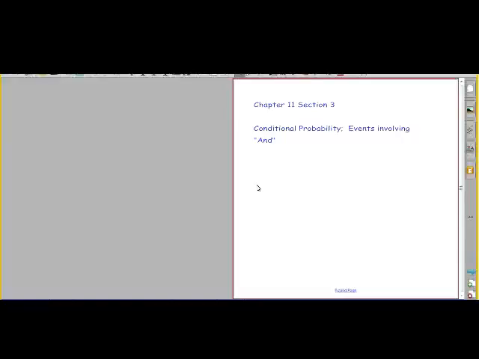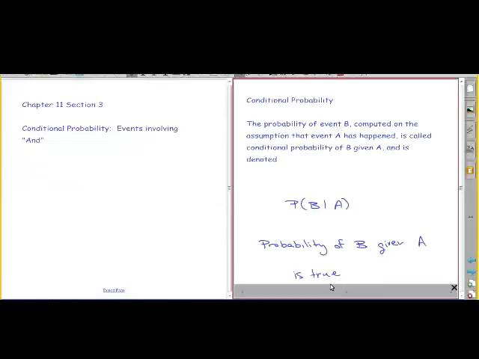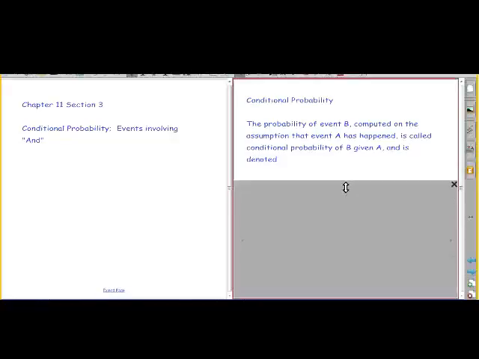So conditional probability are events involving an and. So we've done not, we've done or. This is and. So, conditional probability. The probability of event B computed on the assumption that event A has happened is called the conditional probability of B given A. And we use this terminology. We use P for probability.